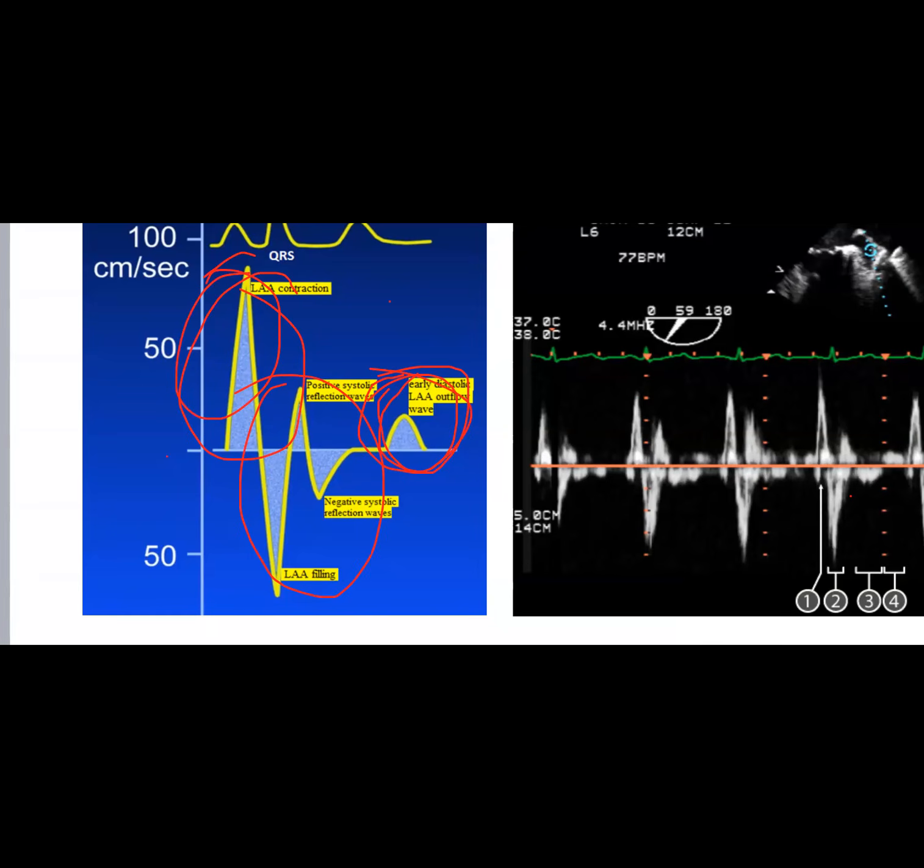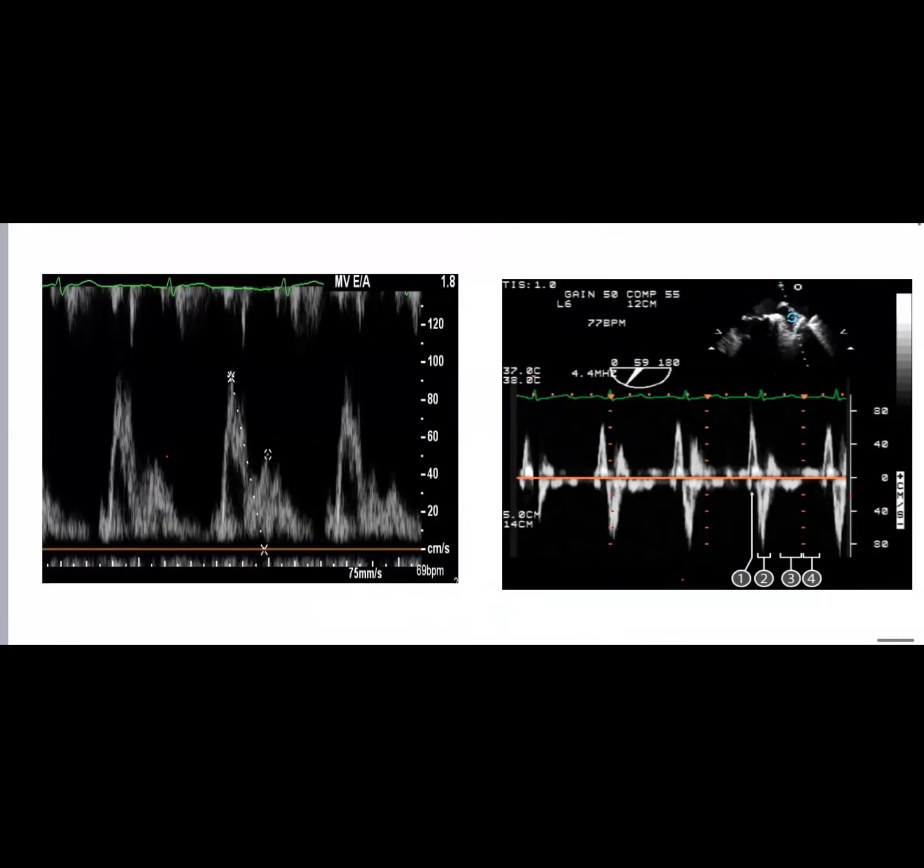Now, look at this one here. I want you to focus on this, and this is so important because it tells you why things are what they are. This velocity is the atrial contraction velocity.